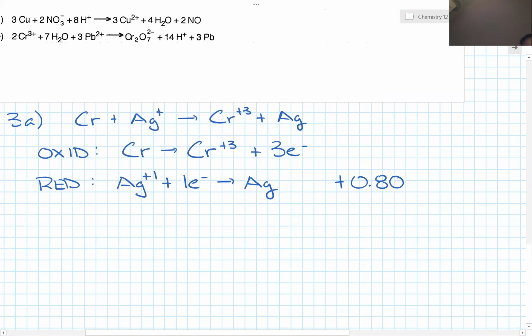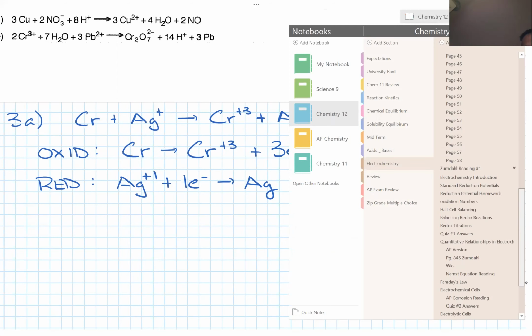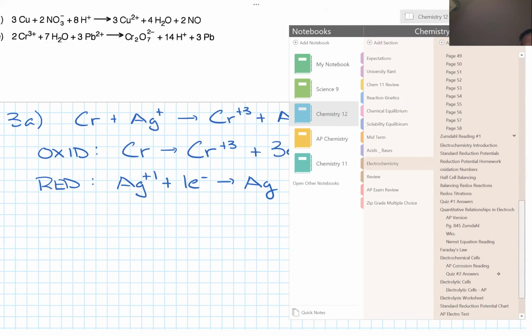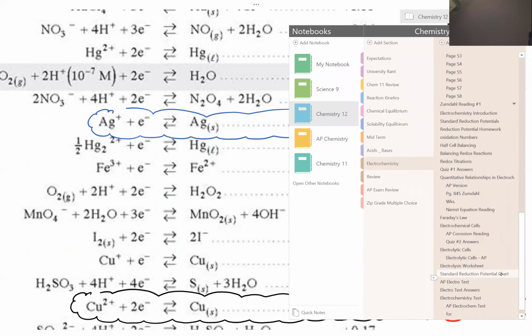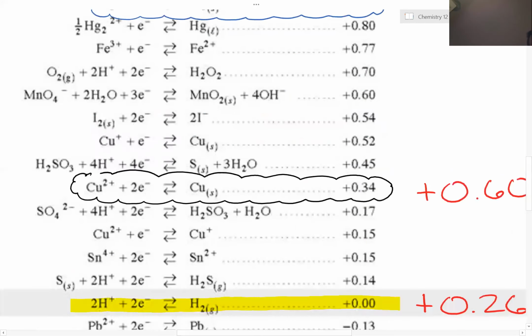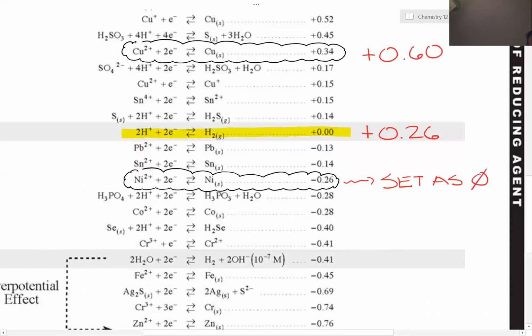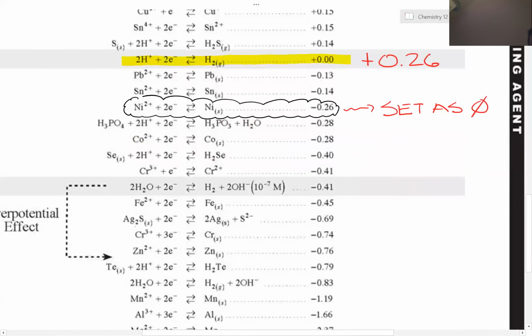Now, notice for chromium, we are undergoing oxidation. So how do we find the voltage? Well, we look for the reduction voltage of chromium. Where's chromium? It's right here. Notice this is minus 0.74, but this is for the reduction of chromium.